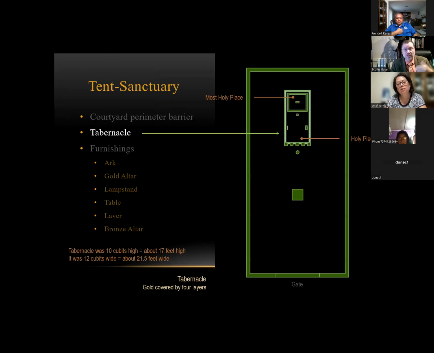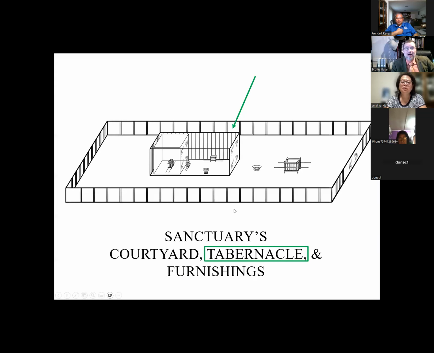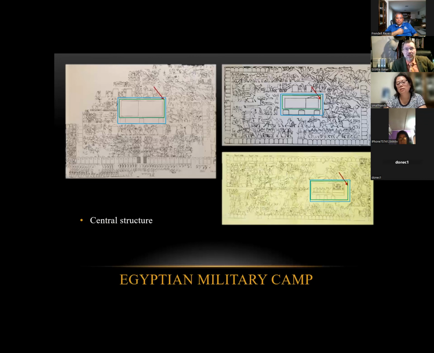The tabernacle, so let's move on now. The tabernacle is all this structure here. And the tabernacle, if we were going to talk about it, we would say maybe this blue structure around here is like the perimeter barrier that the sanctuary had.